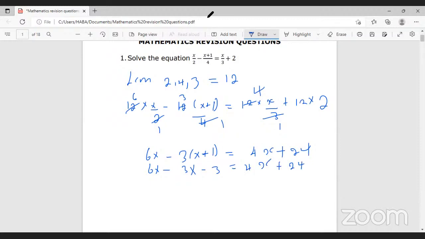Collect like terms. Okay, we can first have this 6x minus 3x. It is 3x. So 3x minus 3 is equal to 4x minus 24.